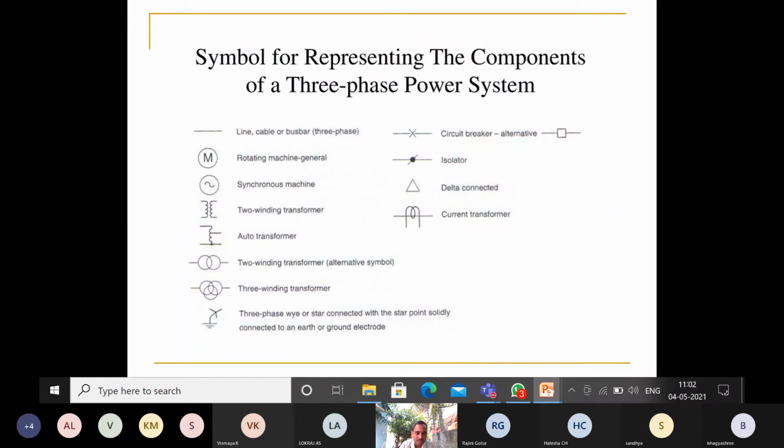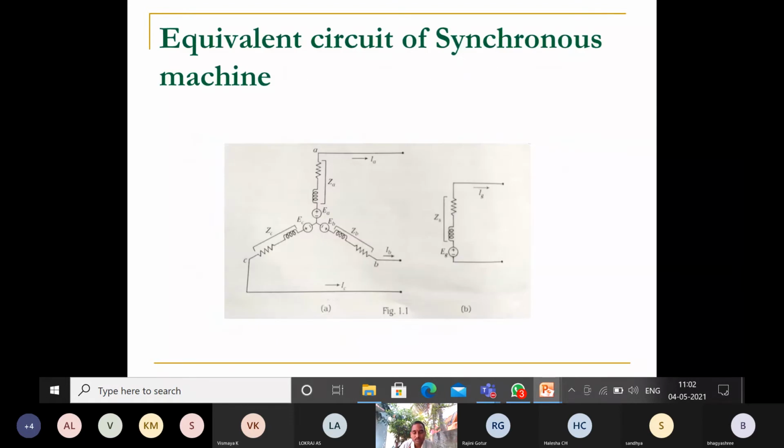So how the transformer is represented, how motor is represented, how generator is represented, how load is represented, all these symbols are there, and for the purpose of construction of a single line diagram, and equivalent circuit of synchronous machine for generator as well as the motor.